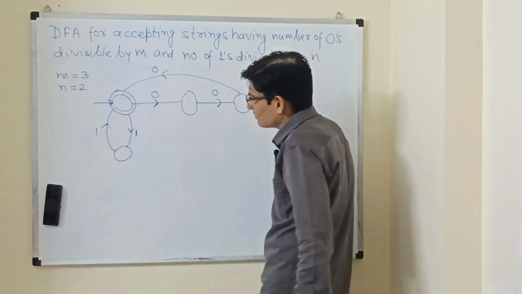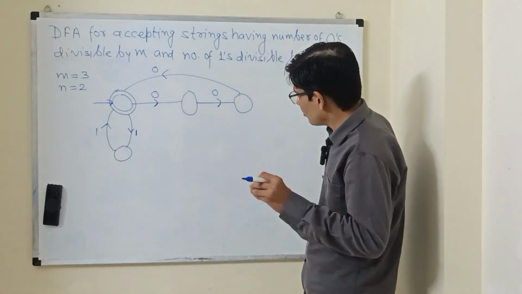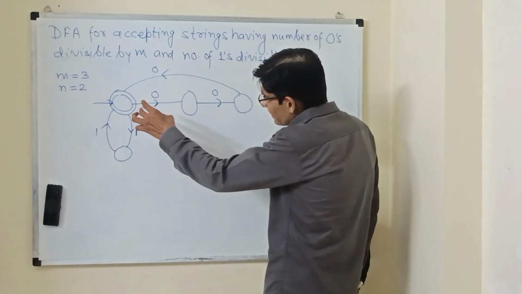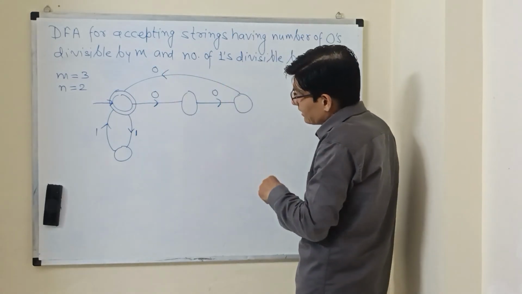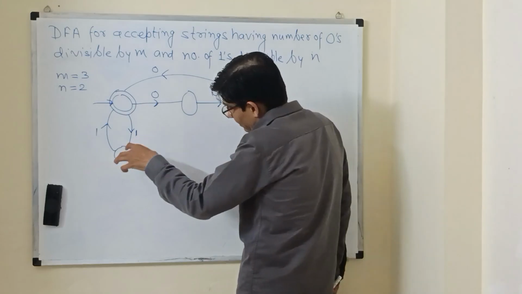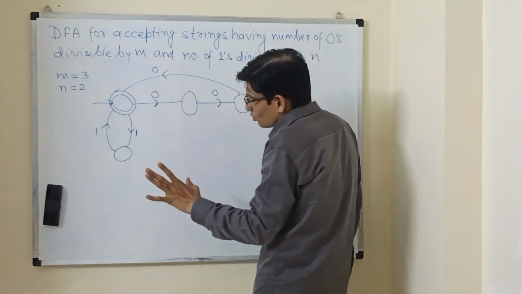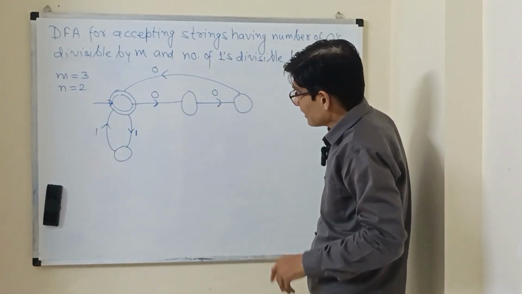Now this particular machine will be accepting all the strings having zeros divisible by 3 in a sequence, and then ones divisible by 2 in a sequence.